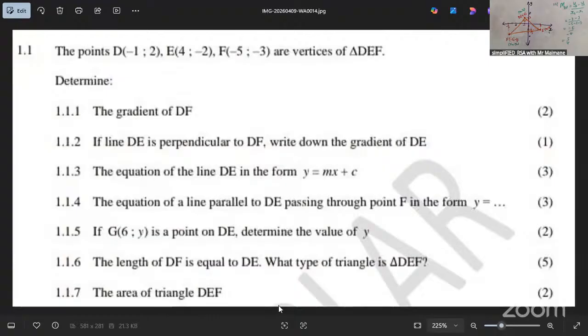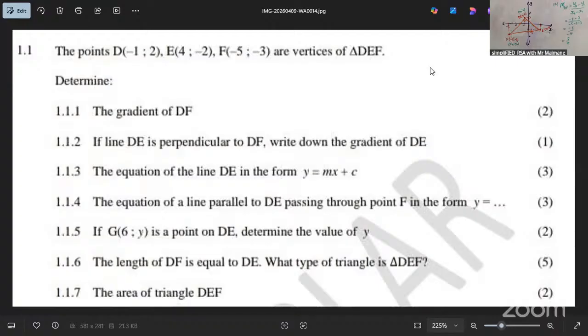If line DE is perpendicular to that, then you are writing down DE. So, in other words, what is actually being said here is... I was trying to share both the screens.